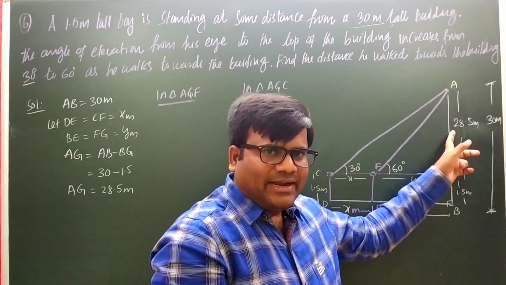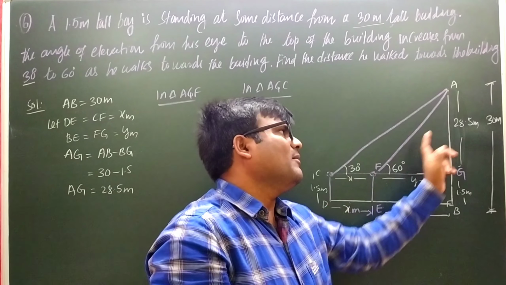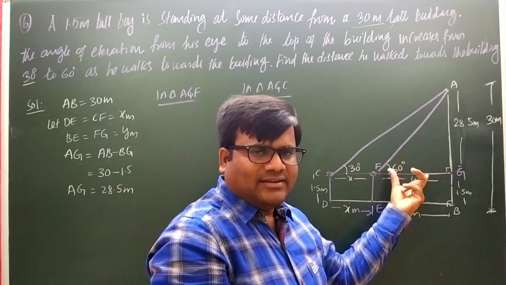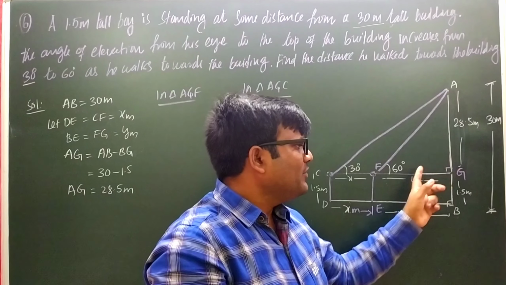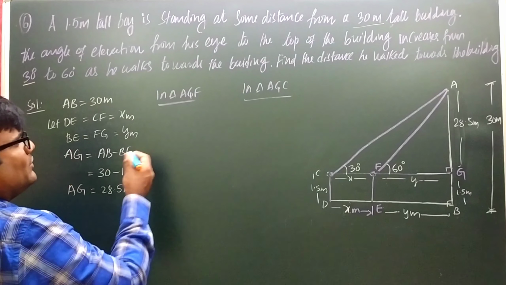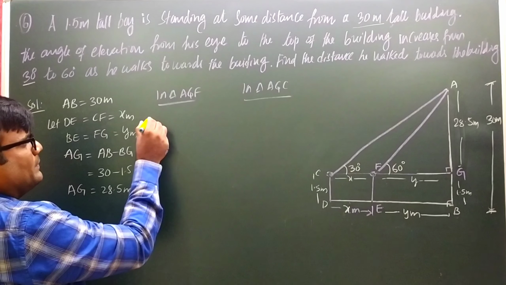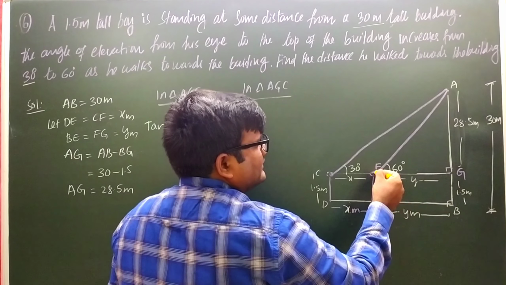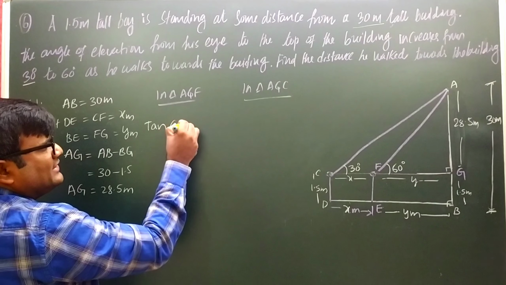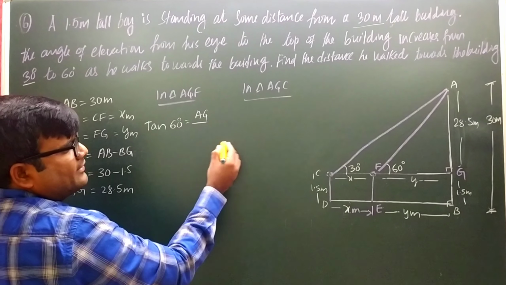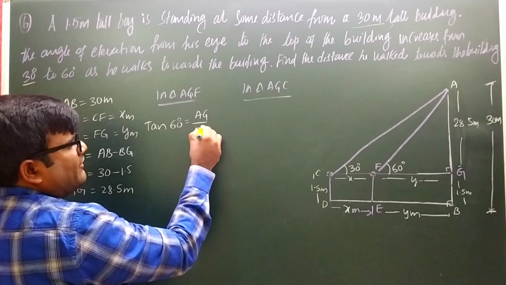So this 28.5 is opposite to the 60 degree angle. Next, the unknown length is adjacent. So the ratio between opposite and adjacent is tan. So now we need to take the tan ratio. In triangle AGF, tan 60 is equal to the length of AG by the length of FG.